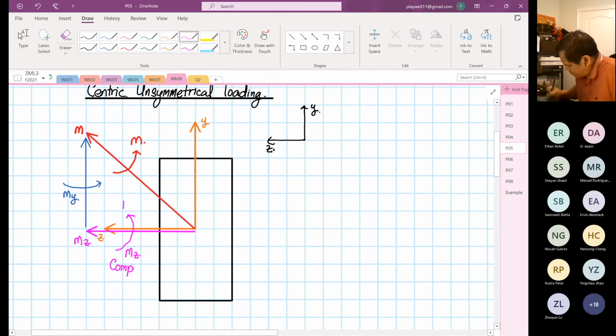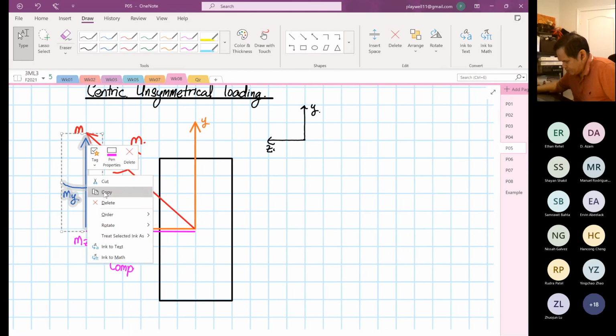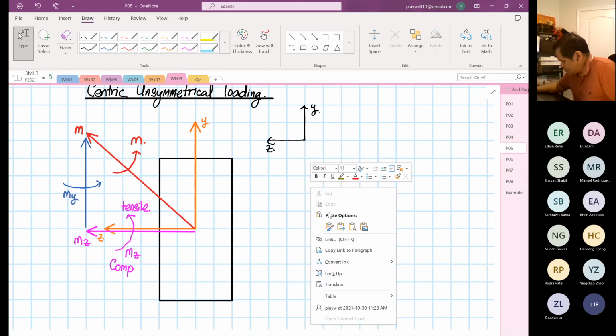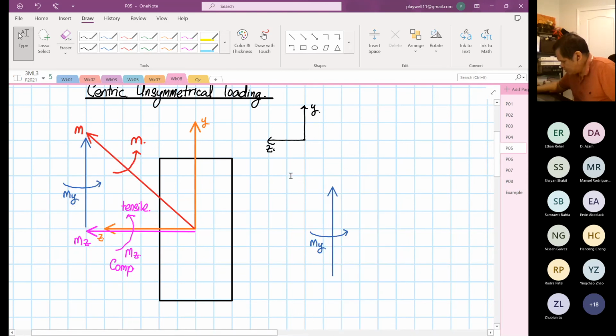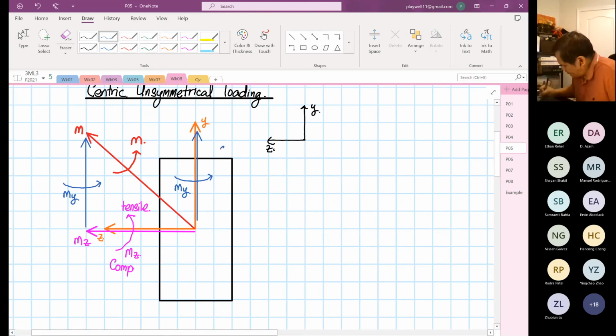Over here is tensile. And if I were to copy this and put this at the centroid, you see that this is under compression, and that is under tensile.